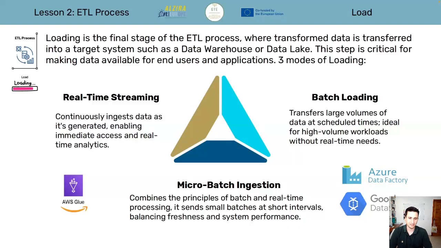reaction or updates. So if your demand and your stocks, for example, are quite stable, you can have a scheduled time of loading on a daily basis and it will not make a difference.